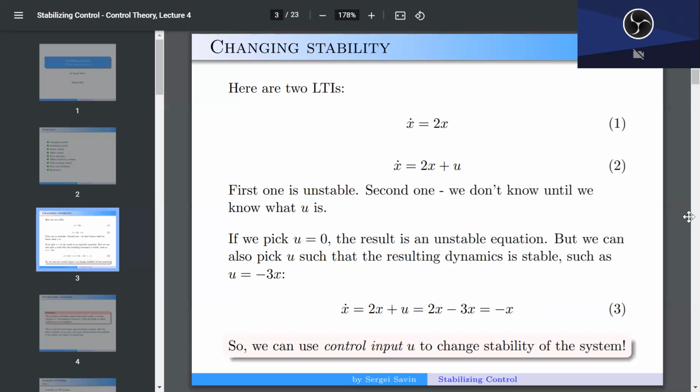What is the criterion for stability? Yeah, real parts of the eigenvalues should be less than or equal to 0, right? What is the eigenvalue of system number one? 1? How do you know? Yeah, the eigenvalue of a 1 by 1 matrix is the only value it has, right?